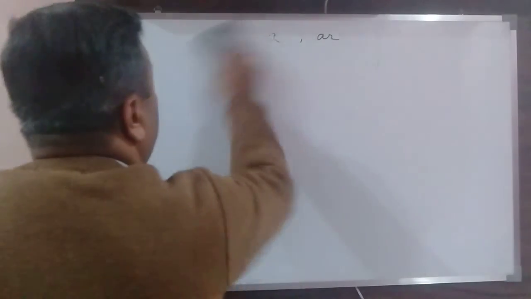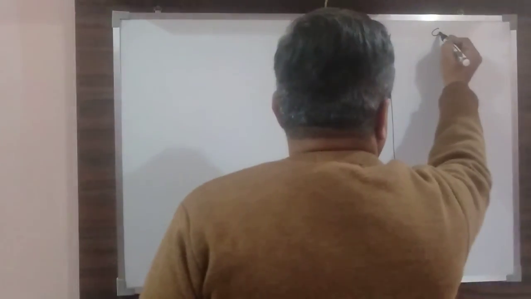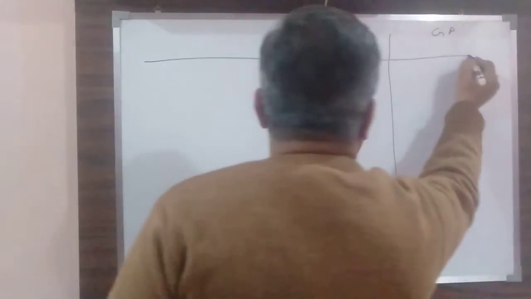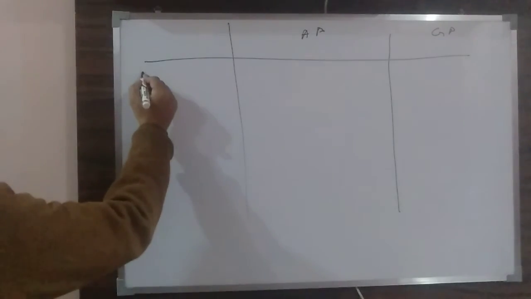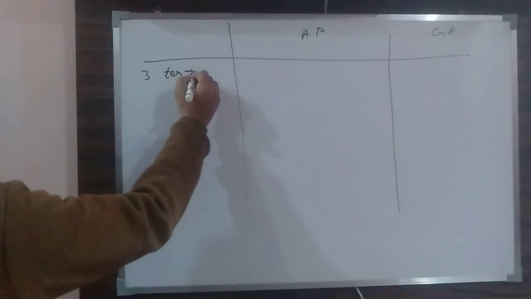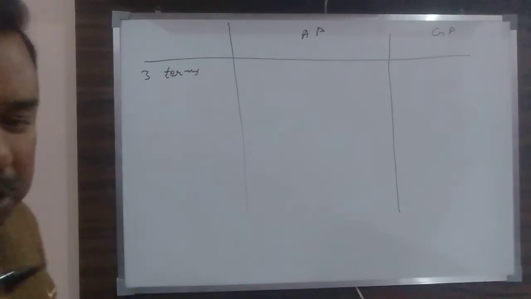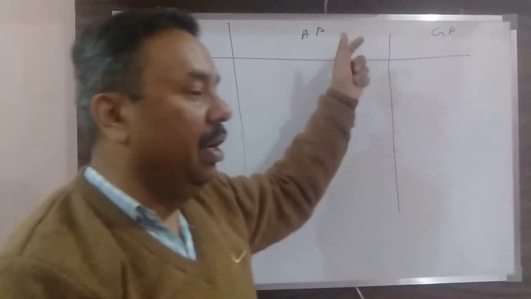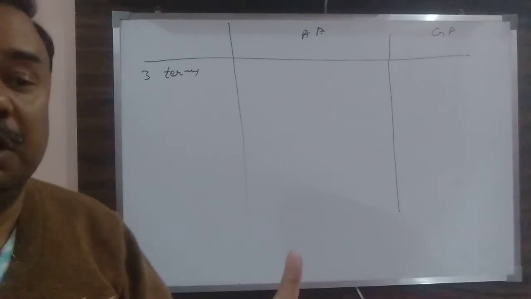Now in this case, I will give you for arithmetic progression also and for geometric progression also. Suppose that you have been given 3 terms. Okay, so it's better in an AP. In AP also the similar thing can be taken. Obviously, if it is an arithmetic progression, you must be getting the sum of the 3 terms in AP.